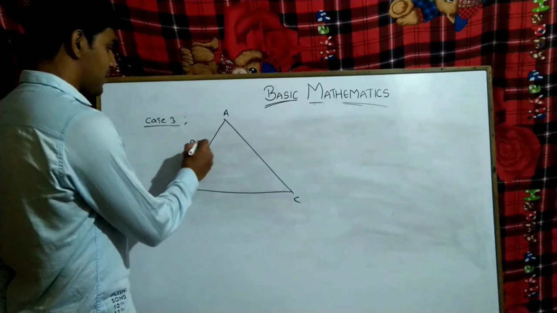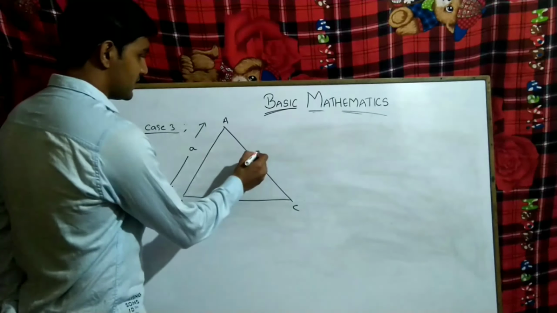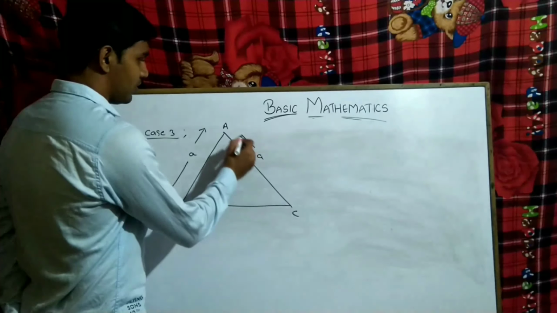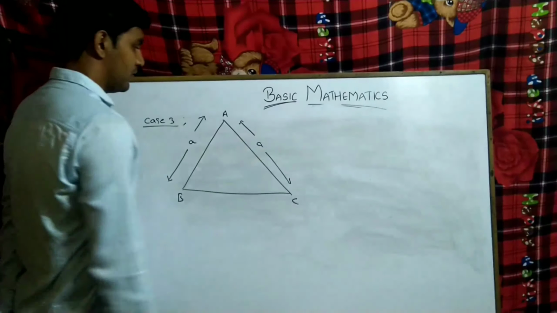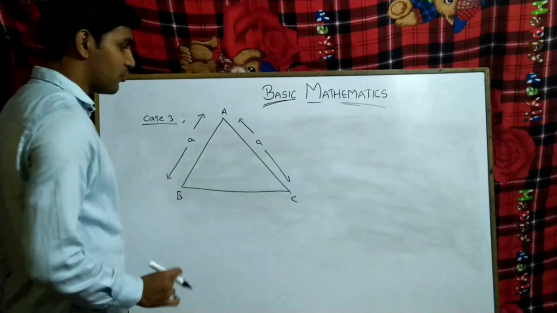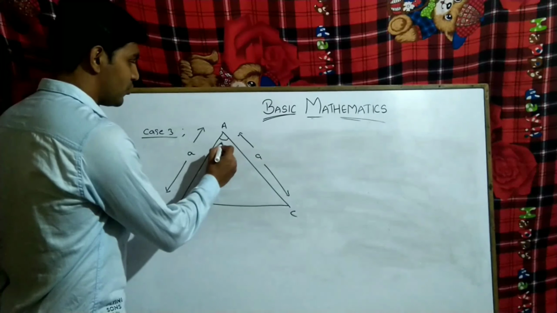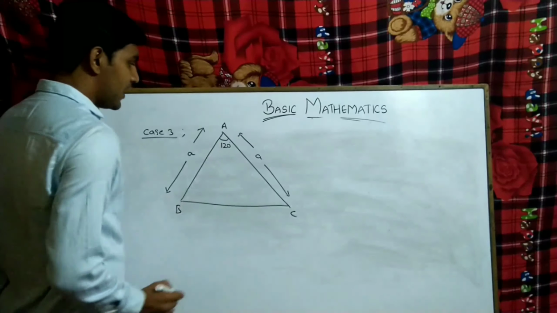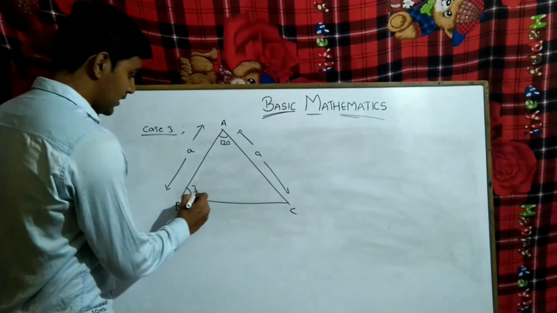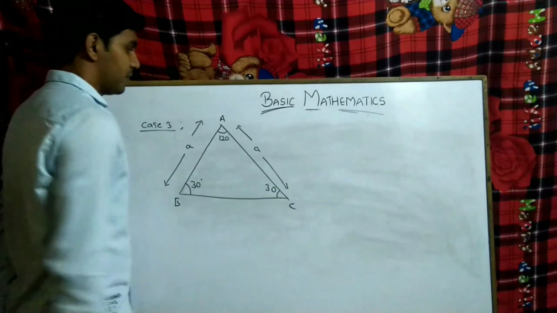Let's take this AB is equal, let's take this A, and this AC is also equal. If two sides are equal, then angles also must be equal. Let's take angle A to be 120 degree. Then automatically this angle B is 30 degree and this angle C also becomes 30 degree.